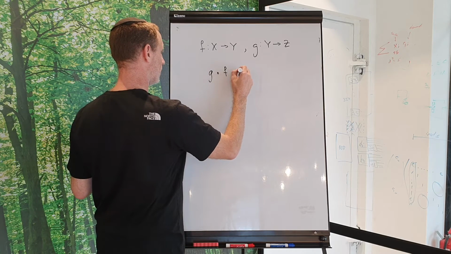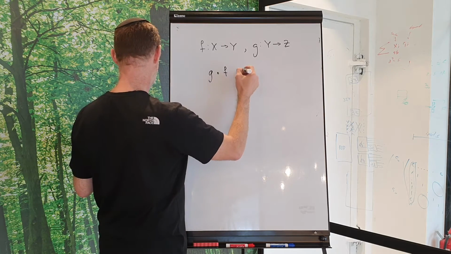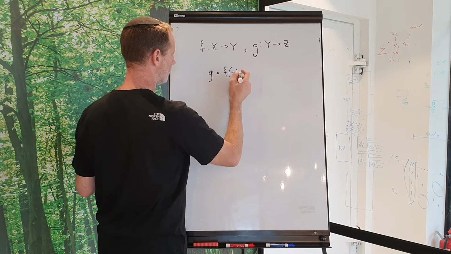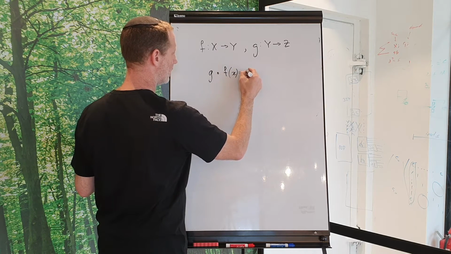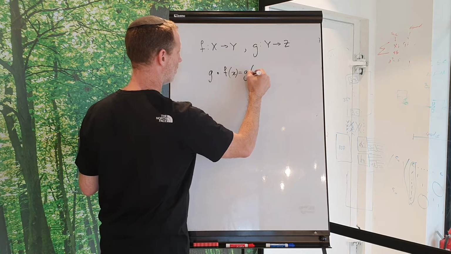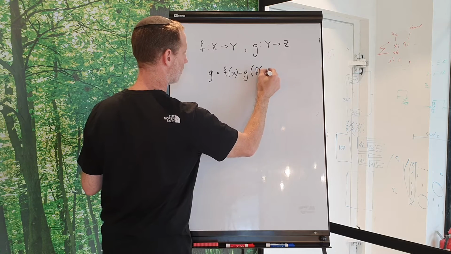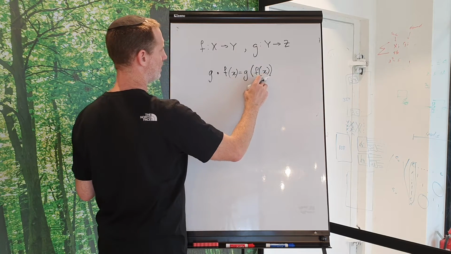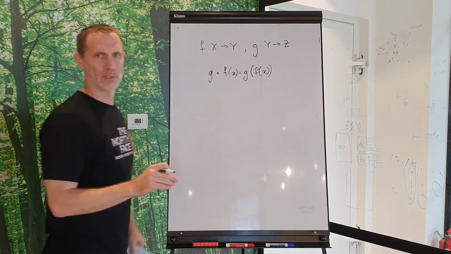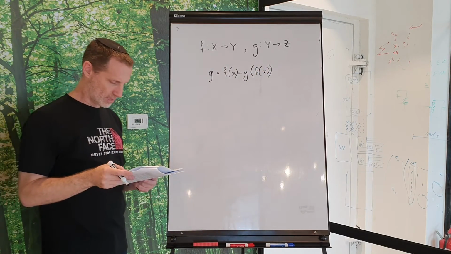We can also write it as g of f of x. f of x is in y, and g of that, so the result is in z. And that's a function composition.